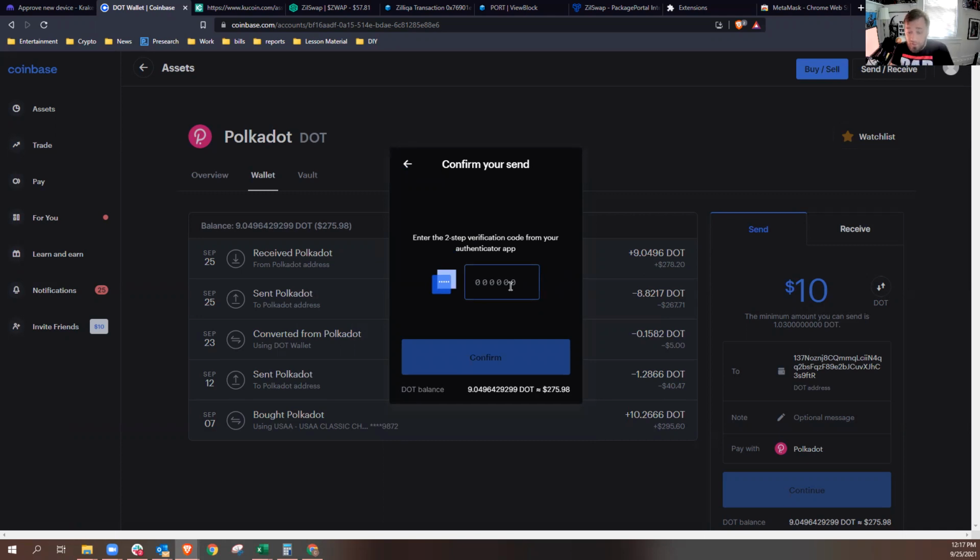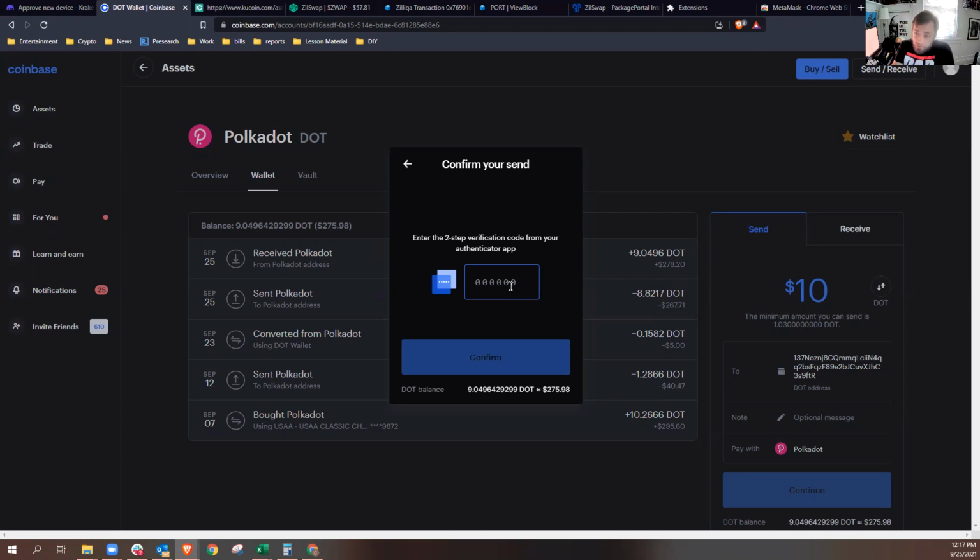It's a good idea to have two-factor authentication on. I use Google Authenticator, because if you do a text message authentication, then someone can just steal your phone number and get a text message to reset your password on an exchange and steal your funds.